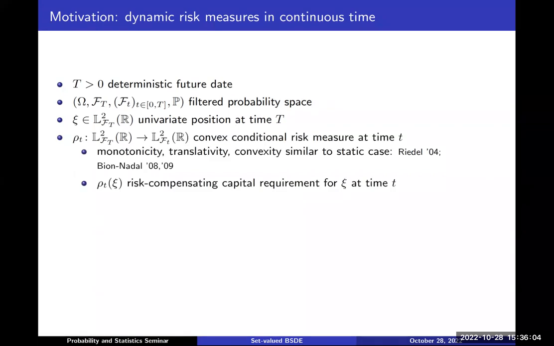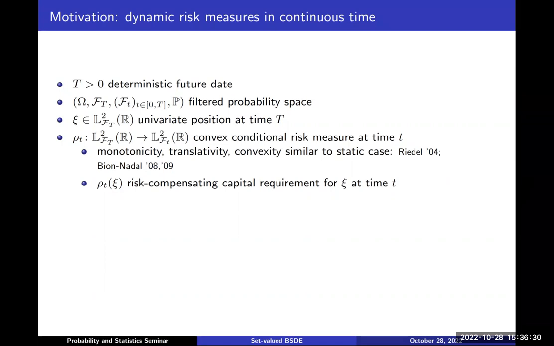So what the risk measure at an intermediate time t does is to calculate some capital requirement for each financial position. So you have a functional from the space of F_T measurable random variables into the F_t measurable random variables, let's say in the L2 framework.